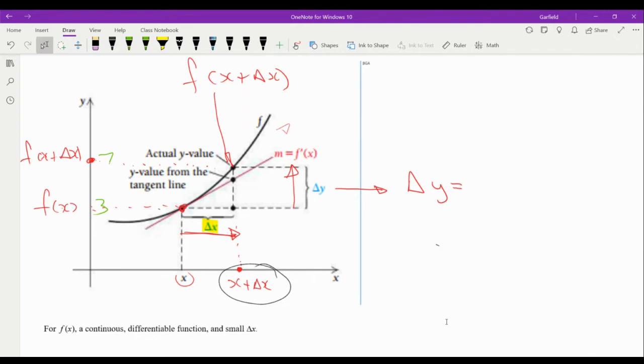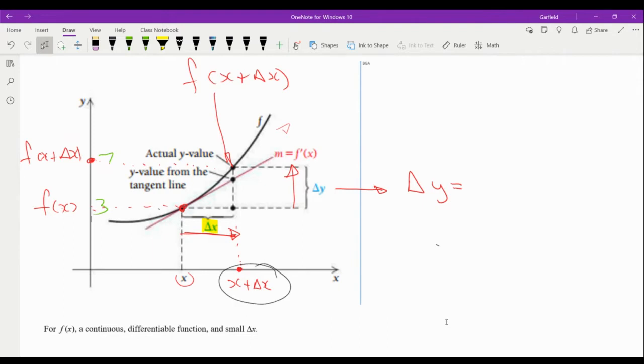It's probably easier. All right, how did you get 4? 7 minus 3. Exactly, you take the top number or the top value minus the bottom value, right?